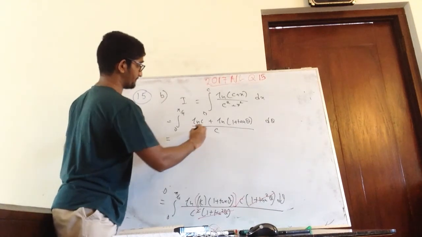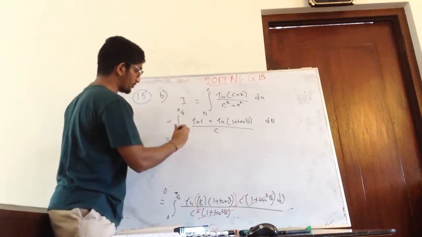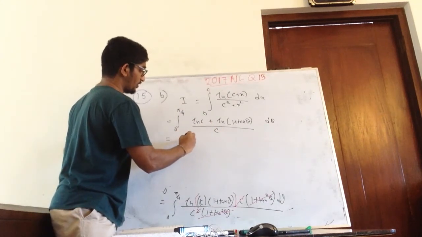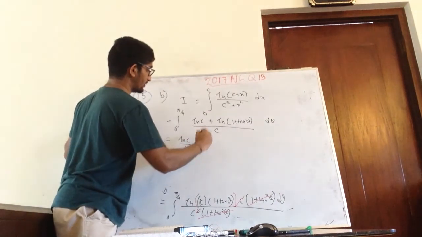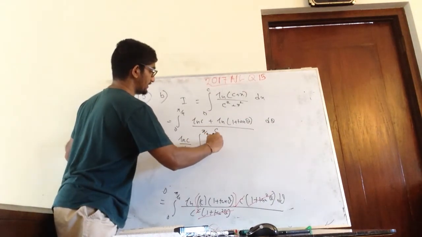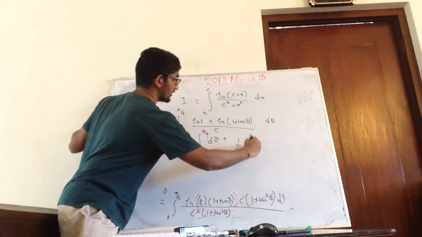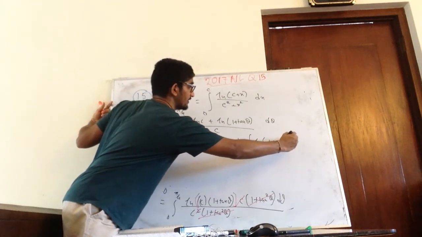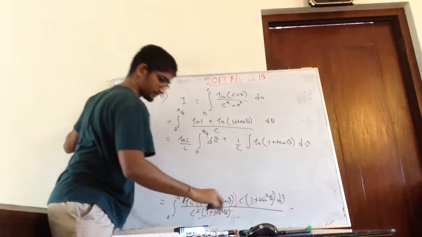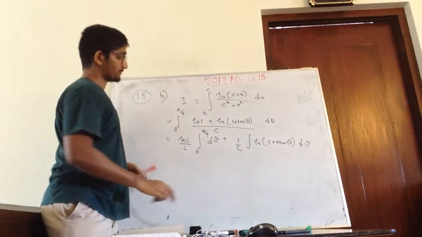So here you will get ln C and C are all constants, so I'm going to take those out. ln C over C, integral from 0 to pi over 4 d theta. This is one thing. Then 1 over C is out, then the integral of ln(1 plus tan theta) d theta. Right?